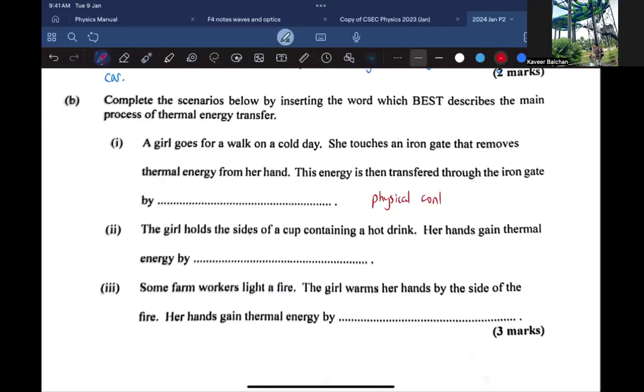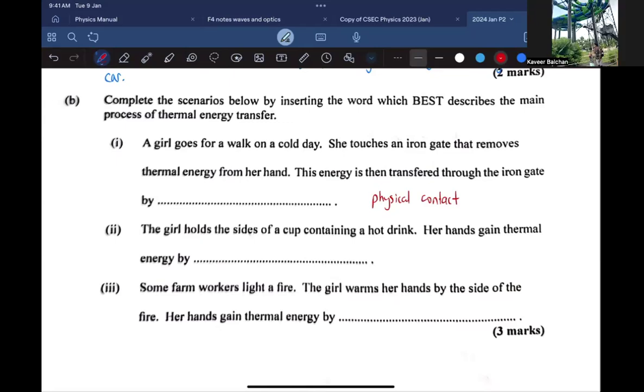Let me give you an example, right? If you rest a hot pot on a counter, the counter does get warm. What type of heat transfer is that? Look at another example. If you place a metal fork in hot soup, what has happened to the metal fork?